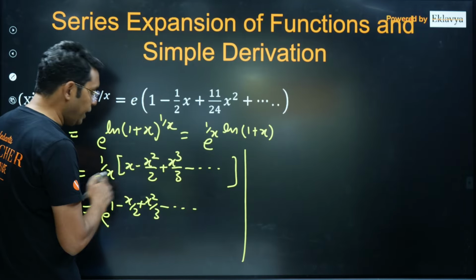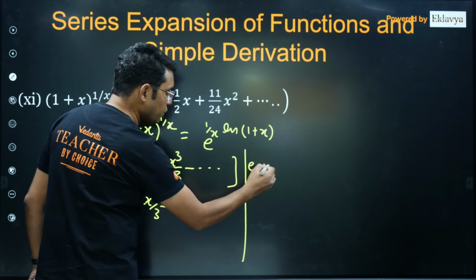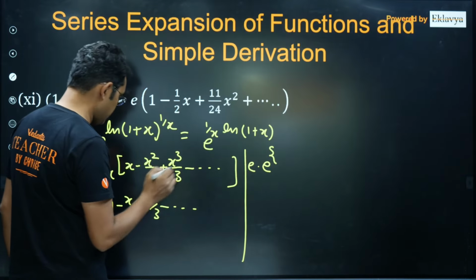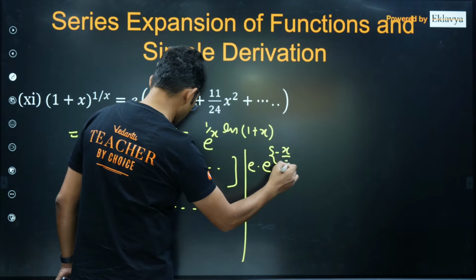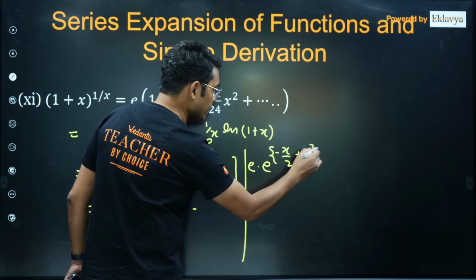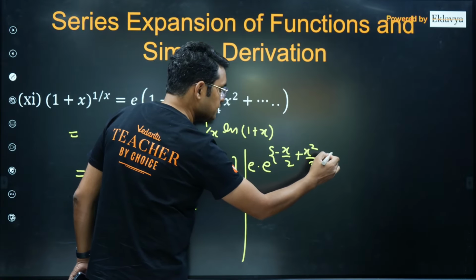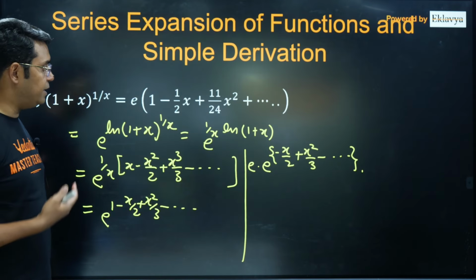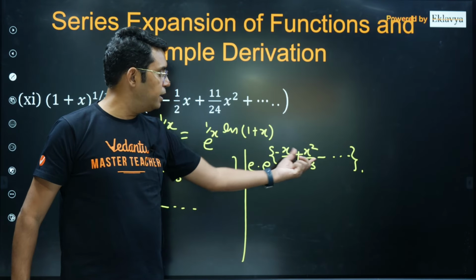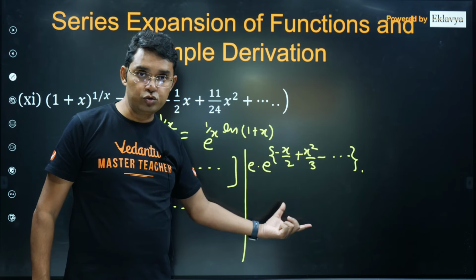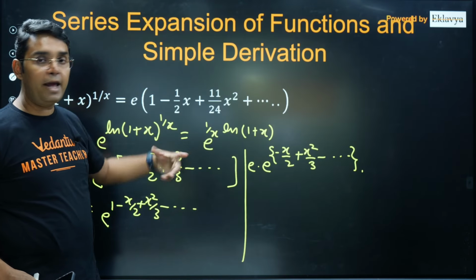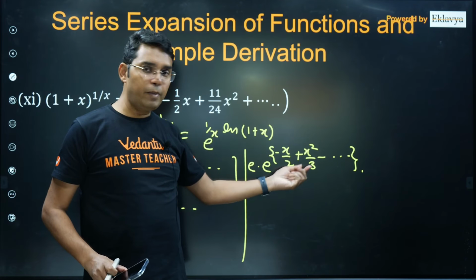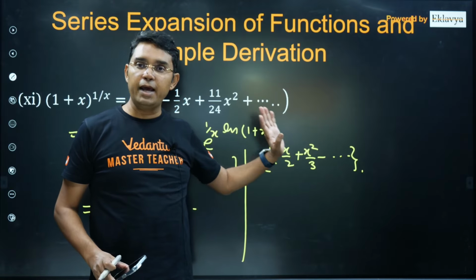Now you can take e common into e power minus x by 2 plus x square by 3 minus and so on. Now based on how many terms you are interested in, you have to write that many terms here also. Like if you are looking only till x square, then I think x square by 3 is sufficient. There is no need to write the x cube term.